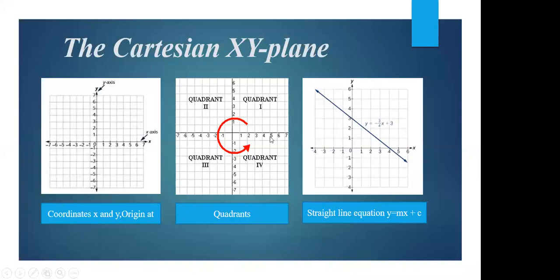In the first quadrant, x is positive, y is positive. Then in the second quadrant, x is negative, y is positive. Then in the third quadrant, x and y both are negative, and in the fourth quadrant, x is positive and y is negative.